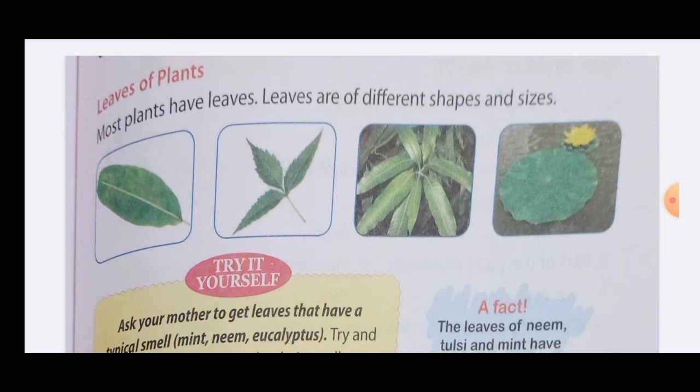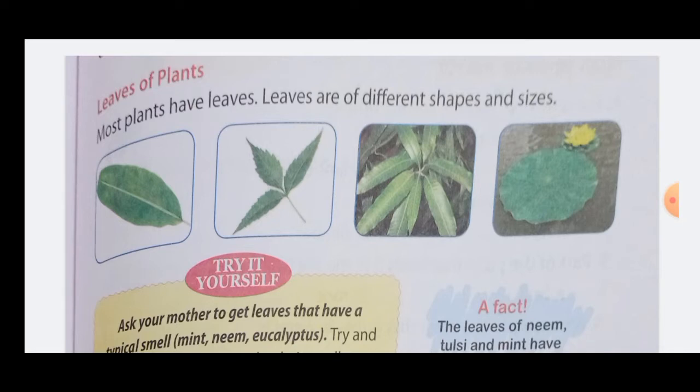The main function of leaves is to prepare food for the plants, and green leaves prepare food for the plant in the presence of sunlight and chlorophyll by a process called photosynthesis.